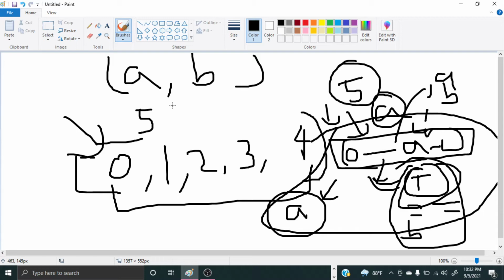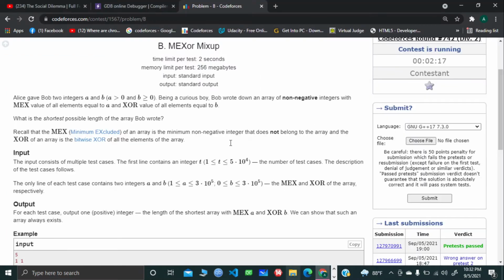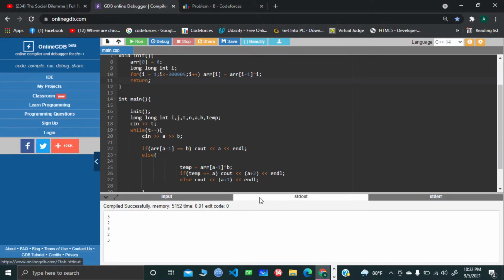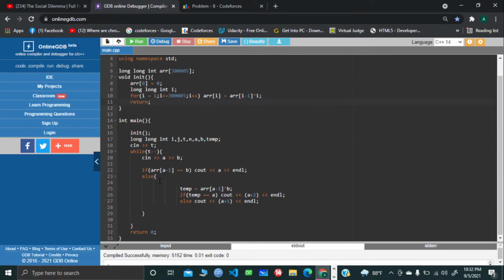The bottom line is that the answer will always lie from A till a plus 2. The answer could be either a plus 1 or a plus 2. Now we need to find out when it's going to be a plus 1 and when a plus 2.